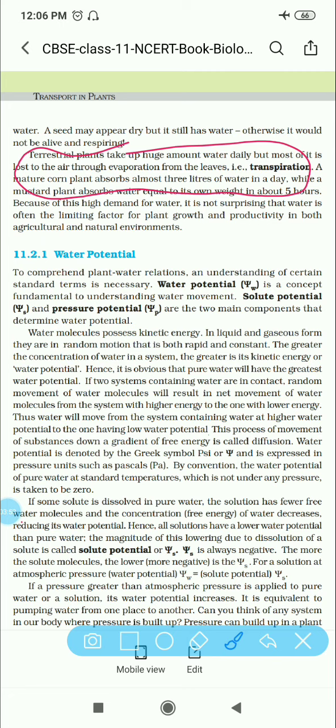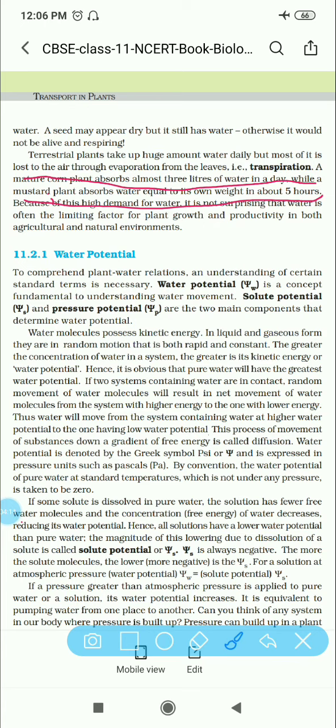Now, for questions from the further part, they will ask about the watermelon, how much water it contains. They may also ask how much water is lost. Over here they mentioned that a mature corn plant can lose 3 liters of water in a day, while a mustard plant can absorb water equal to its own weight in about 5 hours.